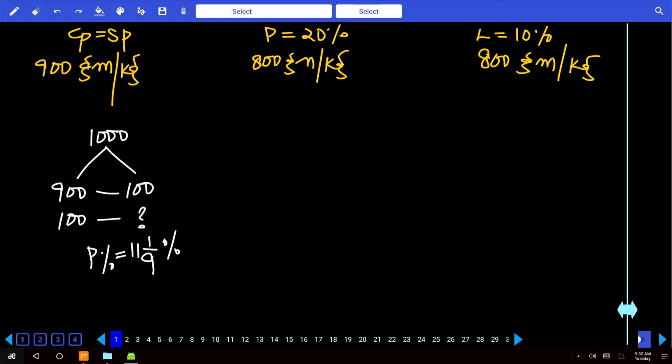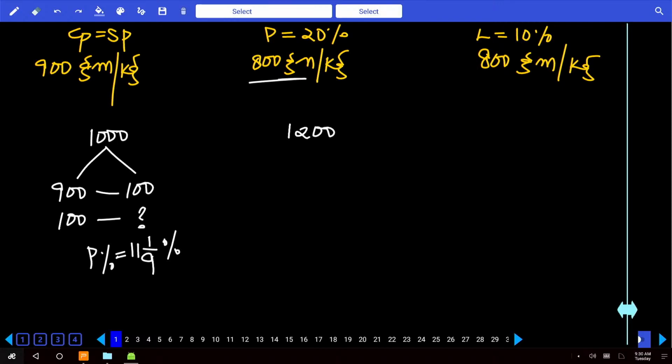Profit meaning, do you have to increase the number or decrease the number? Increase. How much percent? 20%. You are supposed to start with 1000, but because you are expecting 20% profit, increase the number by 20%. Tell me the number. 1200. You have 1200.